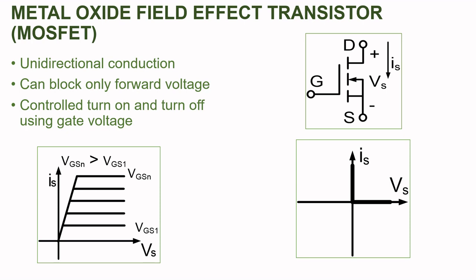When we are going to use MOSFET in power electronic converters, we are going to utilize the MOSFET as a power electronic switch. So, from the characteristics, we will be using only saturation region characteristics and cutoff region characteristics. Active region characteristics would not be used for power electronic application.